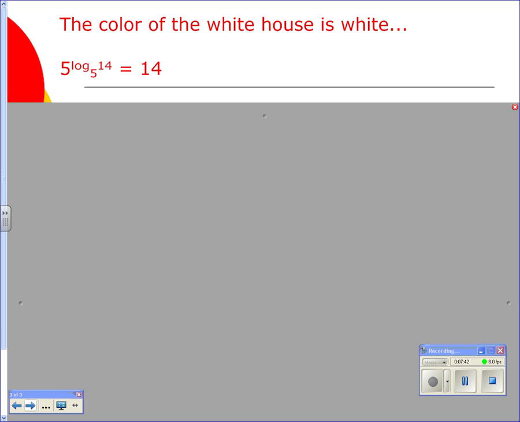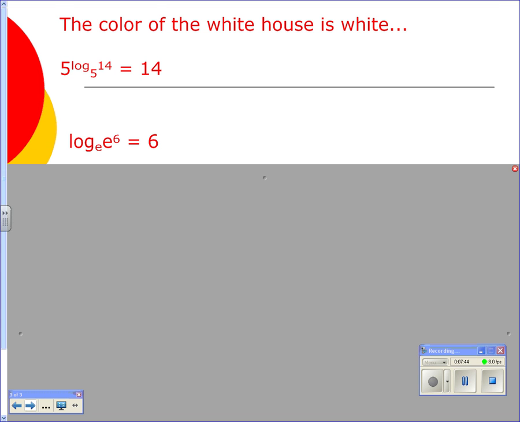So we got another one. Log base e is the same thing as ln, right? But we're going to use log base e on this problem. They're saying log base e of e to the 6 is 6.